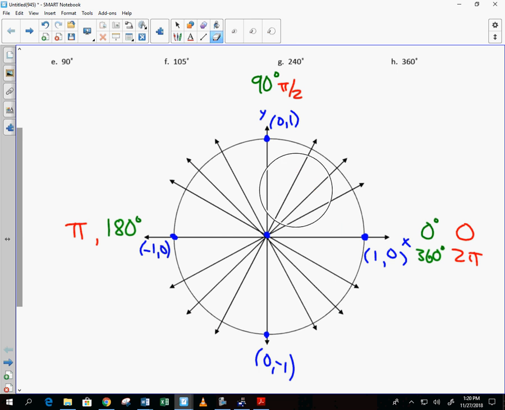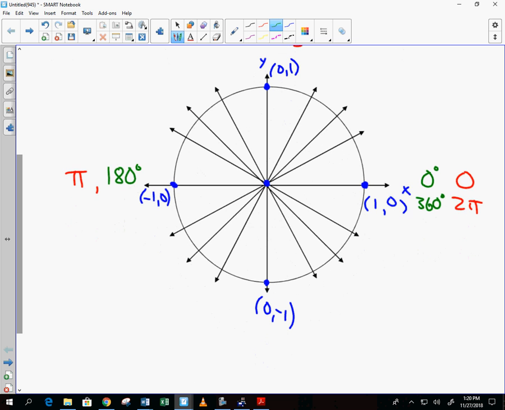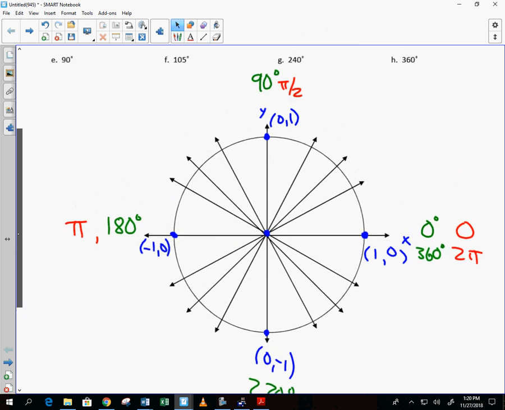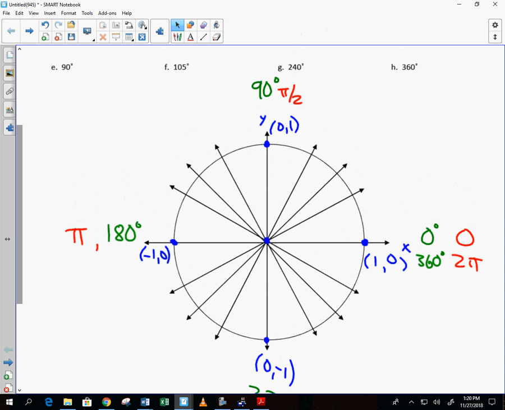So watch me, folks. Watch how this works. I'm just going to count. This is 1 pi over 2. This would be 2 pi over 2. This would be 3 pi over 2.